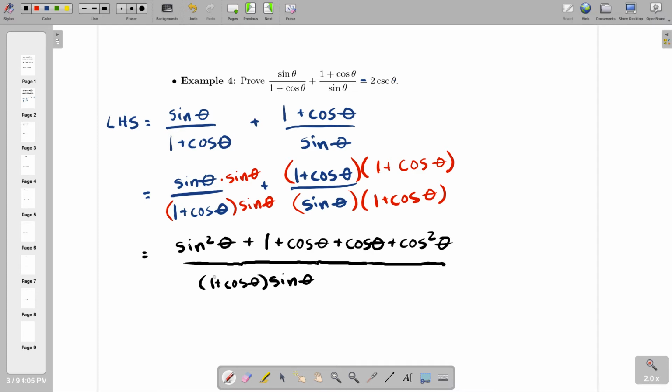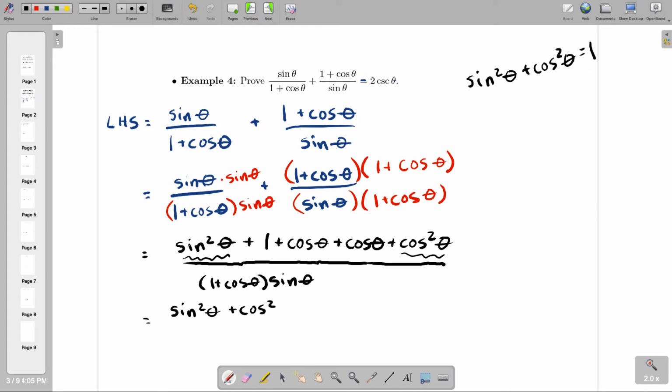All right. Now, anytime we see within a particular expression our Pythagorean identity showing up, we want to be able to recognize it. So I've got sine squared plus cosine squared, right? And that's the identity that we should definitely have on the tip of our brains at all times. So I'm going to start by just getting those together.